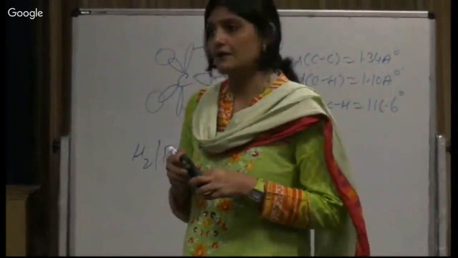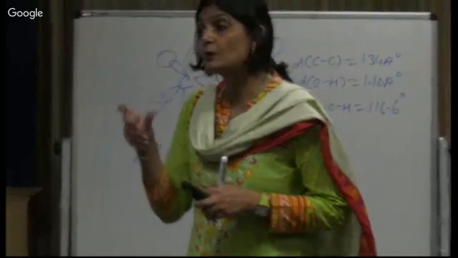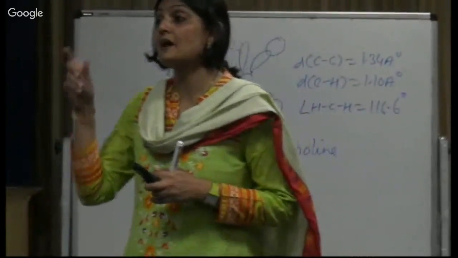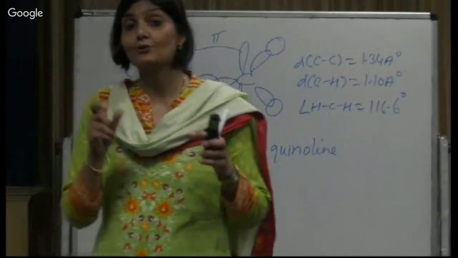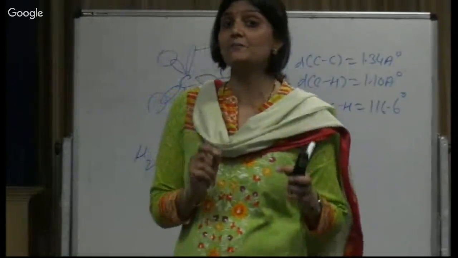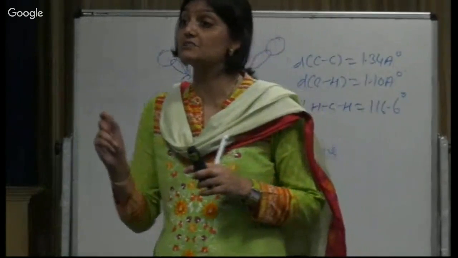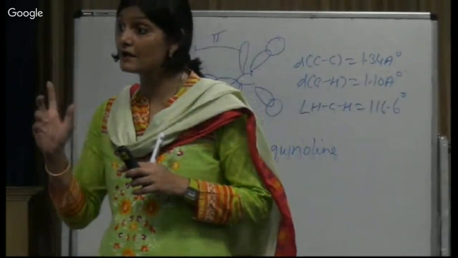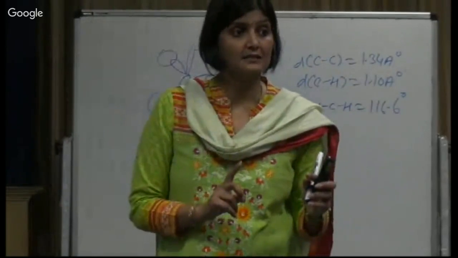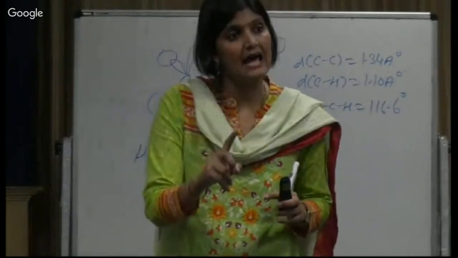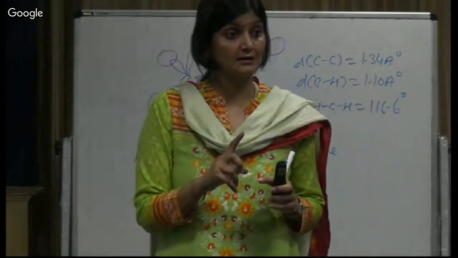Very importantly, by doing a controlled reduction of alkynes, we can control the stereochemistry of the product which is being formed. Meaning, if you start with Lindlar's catalyst, you will get a cis alkene being formed as a product.